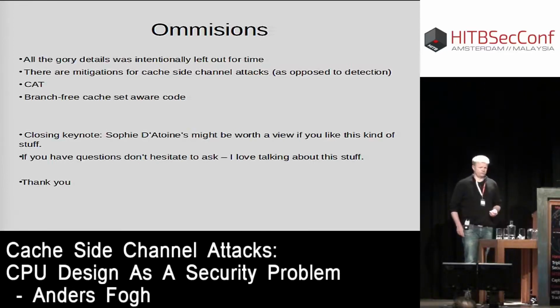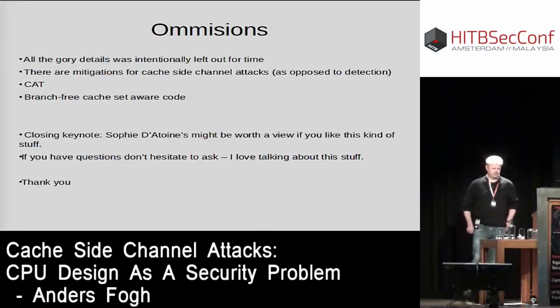It turns out it's pretty difficult to actually do this. A recent example was that the OpenSSL library hardened their RSA implementation to be branch-free cache set aware. And as it turns out, somebody figured out a different cache side channel attack which broke the new implementation. This was called CacheBleed.